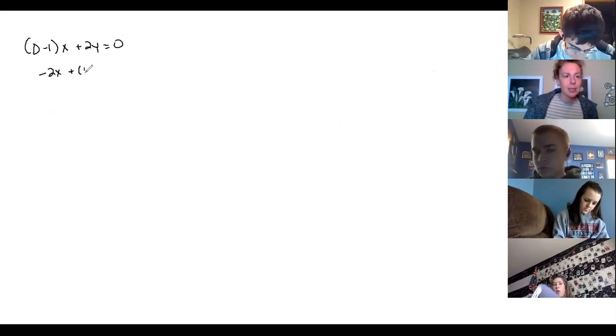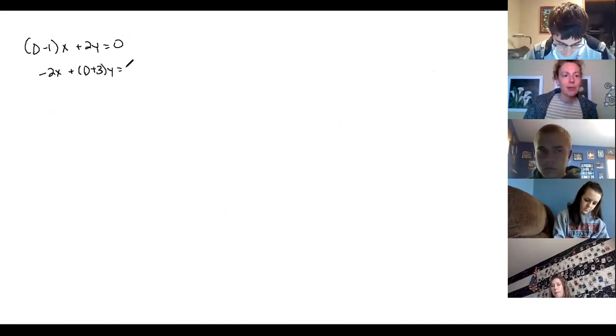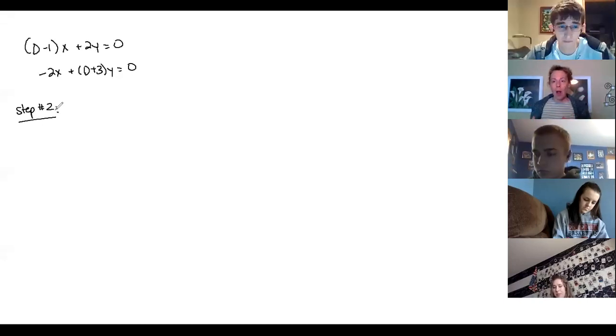Negative 2x plus D plus 3y equals 0. Do step number 2 for me and see if you can eliminate y and get an answer for x. Think about what you want to multiply by and then eliminate y. Go ahead, do that.